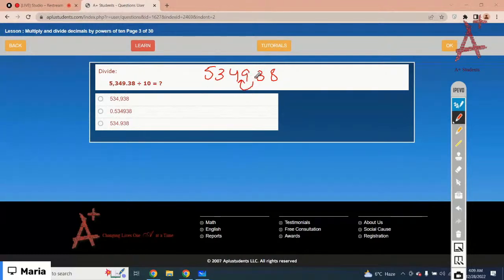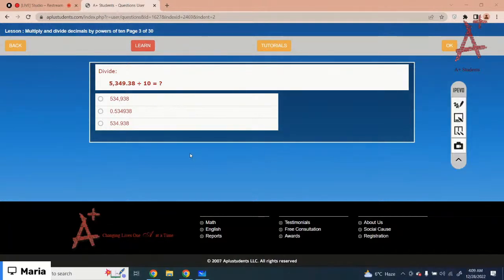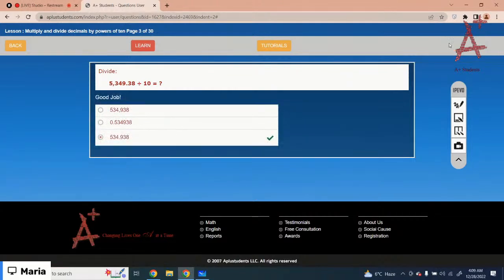It is now after 9, then when you move one place, it would be before 9. So it would be 534.938. Got it? Which option is the correct one? Option number 3. The last option is the correct option. Got it? So just select the correct option and click on the OK button.